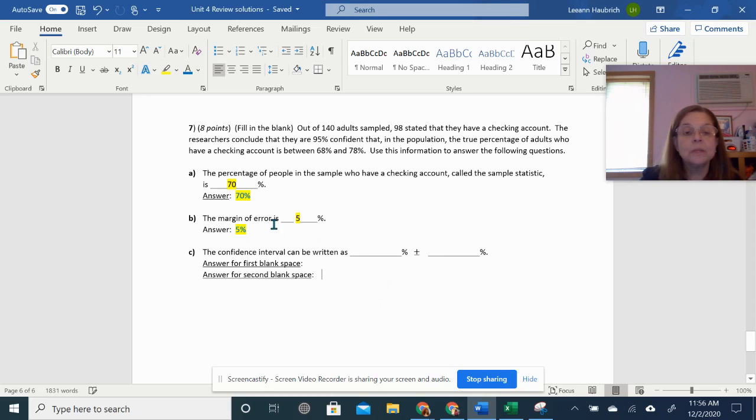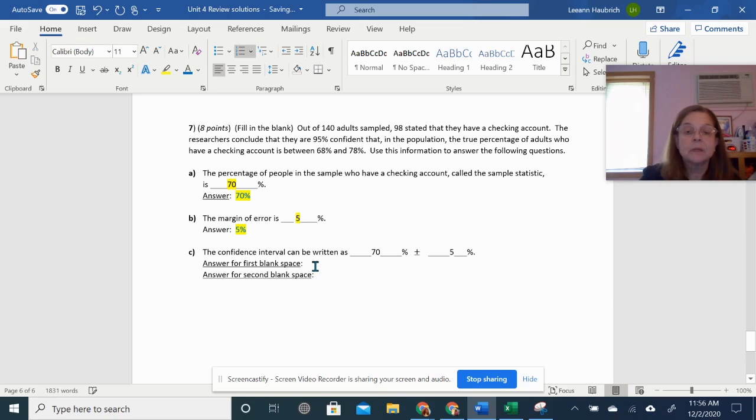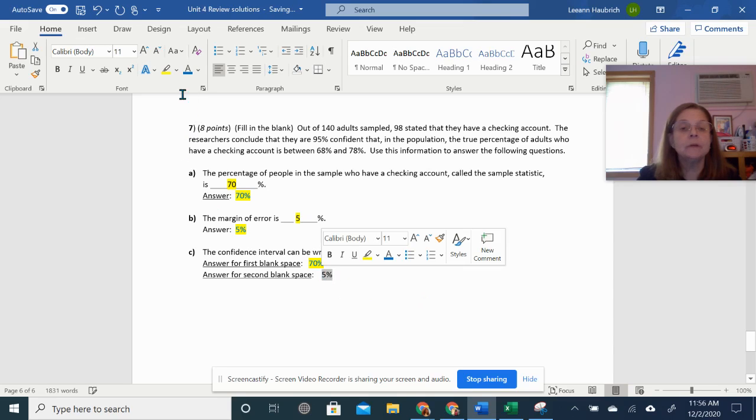So we start with the statistic, which is 70%. So in here would be the 70 plus or minus. Here would be the 5. So this would be 70% plus or minus 5%. I don't like the way this question is. I did it the same way. I just copied and pasted from the quiz form over to make it match.